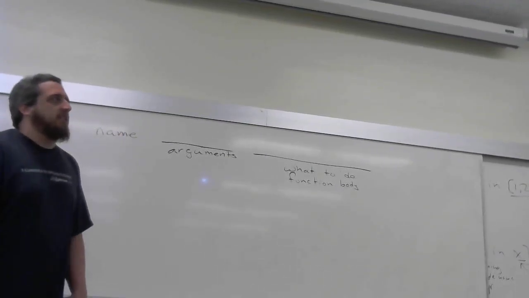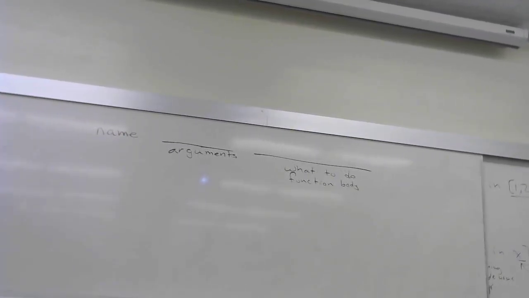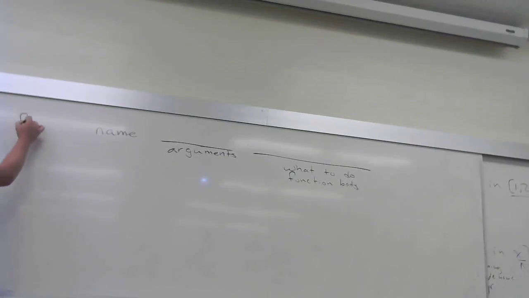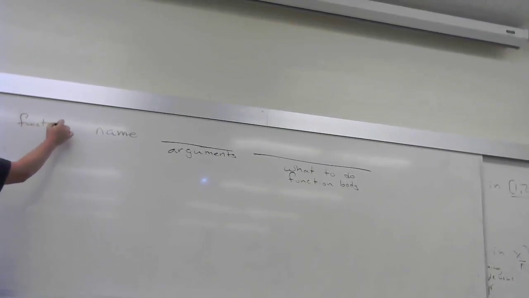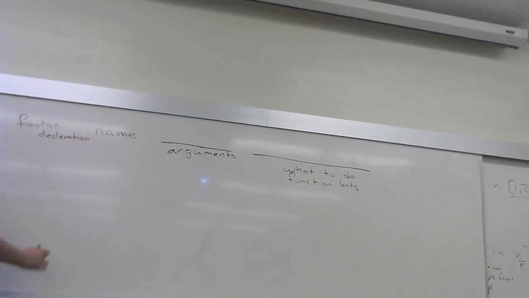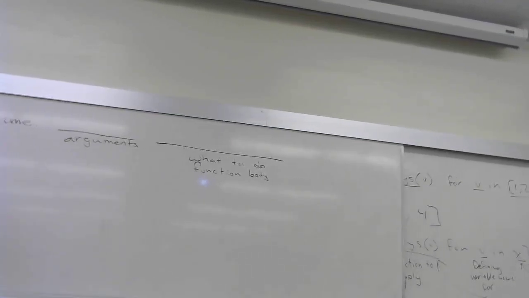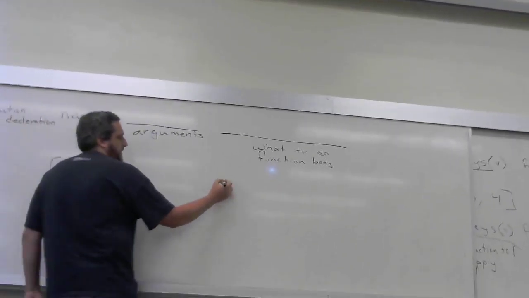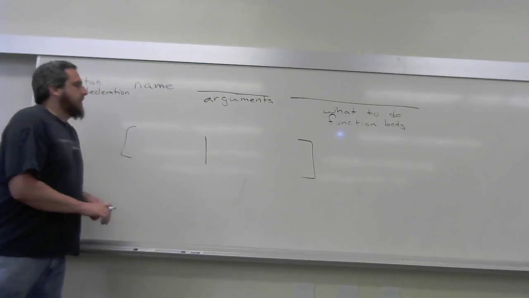Haskell list comprehensions are a little bit different than Python list comprehensions, so this is an example of a function declaration. A Haskell list comprehension is going to be this, with your bar in the center, there.